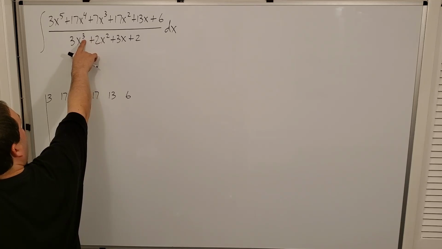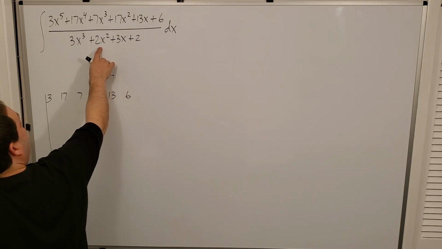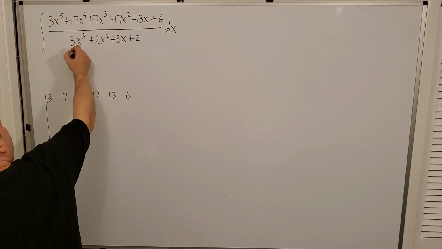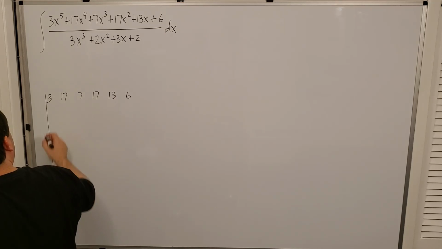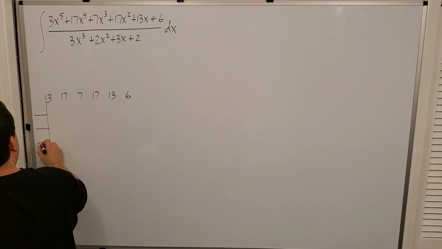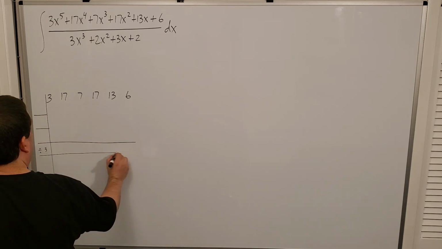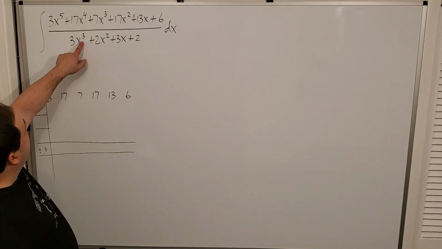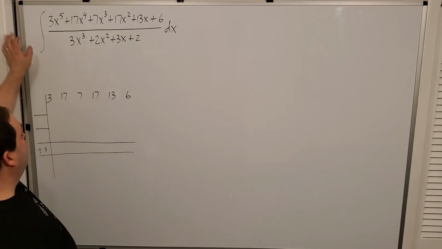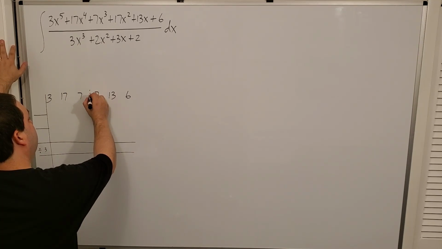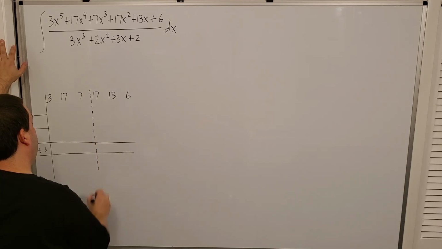It's x to the third, so I need 3 boxes, but I also need a division by 3 rule. Okay, so I've got 3 boxes, and then I've got another division by 3 rule standing. Since this is a cube, 3 of these are going to be remainders, so I'll just fill that in here.